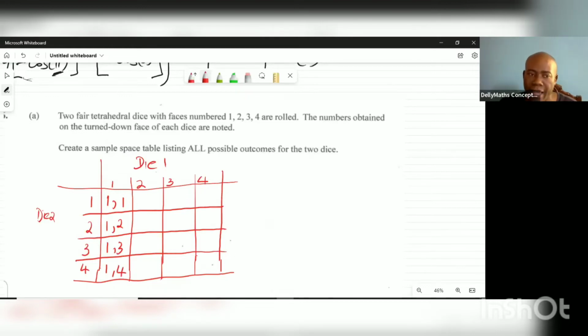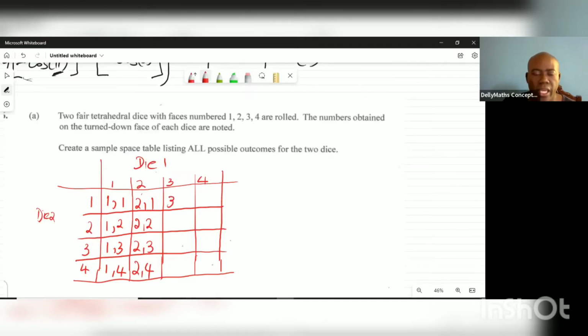So if I have the number 1 on die 1, it could have come with a 1, a 2, a 3, or a 4. We're going to do the same for number 2. Number 2 could have come with a 1, a 2, a 3, or a 4. And then you're going to start to see the pattern.